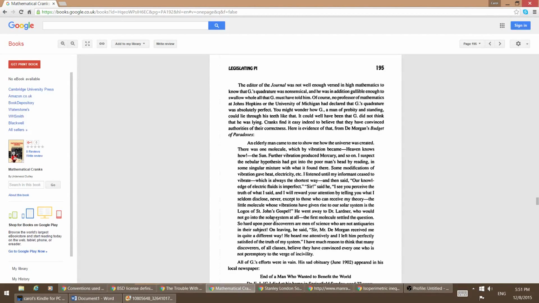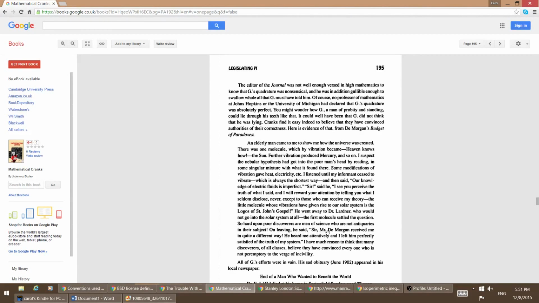to our solar system is the logos of St. John's Gospel.' He went away to Dr. Lardner, who would not go into the solar system at all. The first molecule settled the question. So hard upon poor discoverers are men of science who are not antiquaries in their subject.